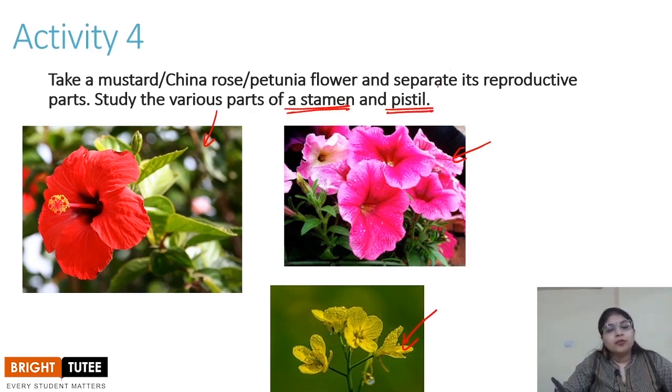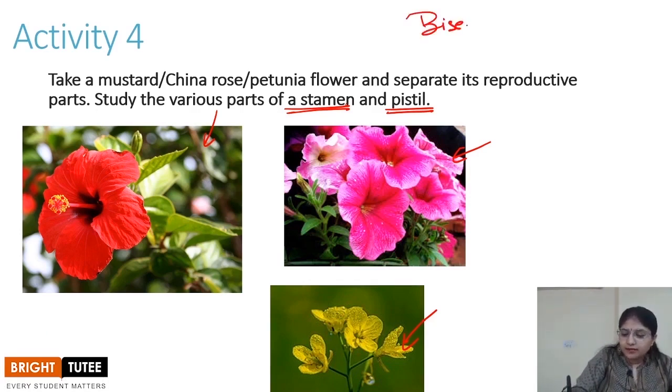In some flowers, you may find that both stamen and pistil are present. Such flowers are called bisexual flowers. Whereas some of the flowers contain only stamen, or only pistil. These kinds of flowers are called unisexual flowers. So there are 2 types.